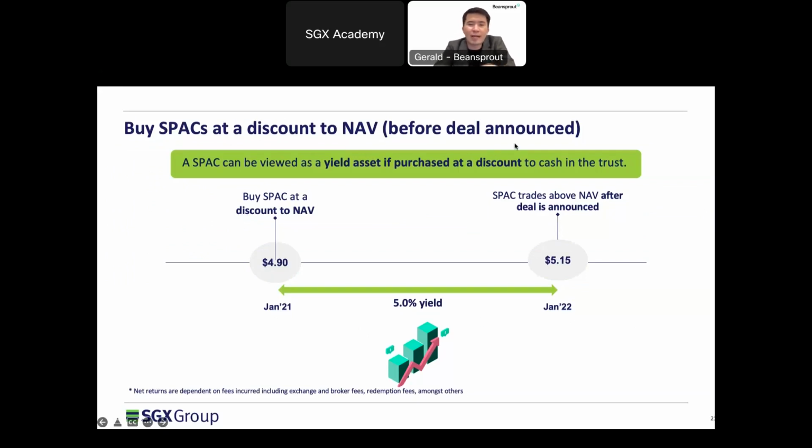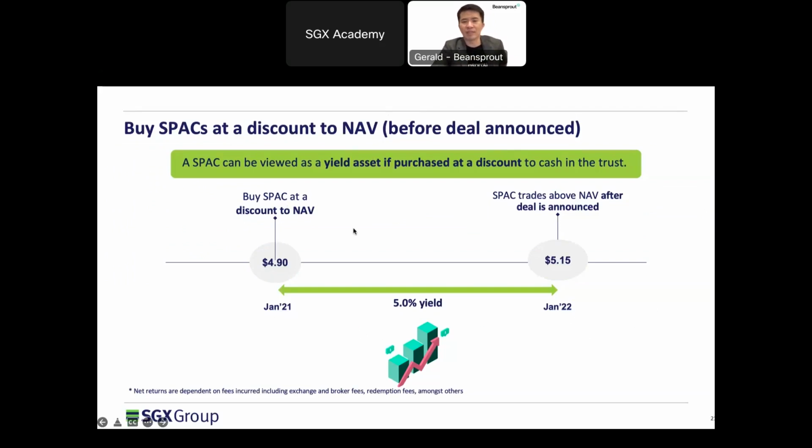Okay, so one of the things I mentioned earlier is to look at the SPACs if they are trading at a discount to NAV, and this is effectively thinking of the SPAC as a yield asset if it is purchased at a discount to the cash in the trust. Okay, so I've given the example here.